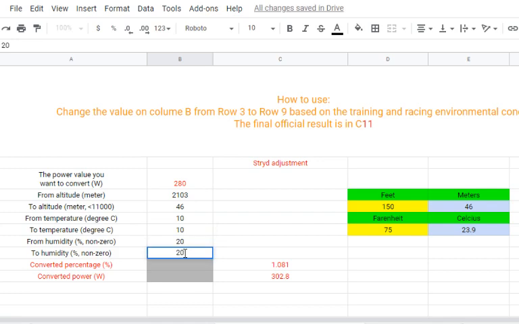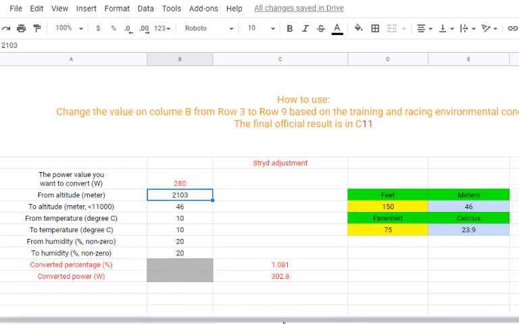So we keep those the same. Now, if you look over here, if conditions of heat and humidity didn't change, the effects of going strictly from high altitude to sea level would be an 8.1% gain in power.